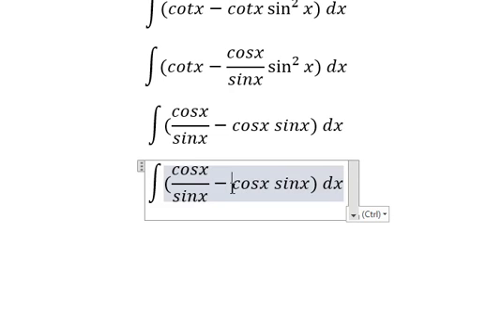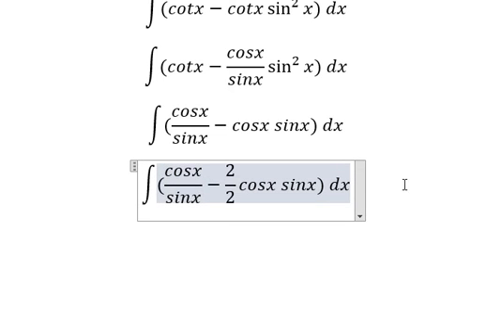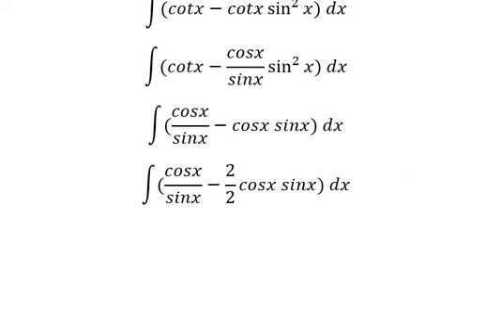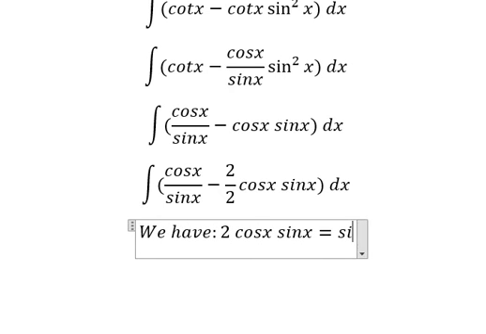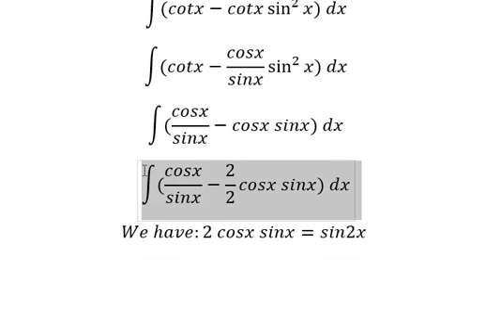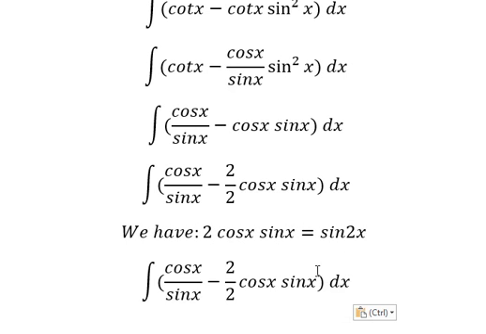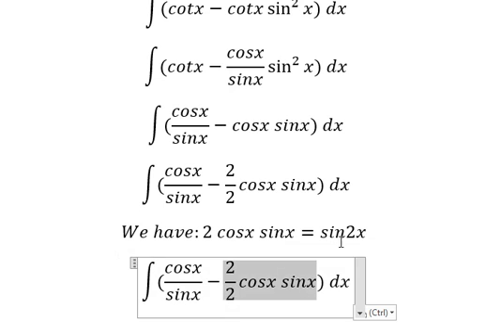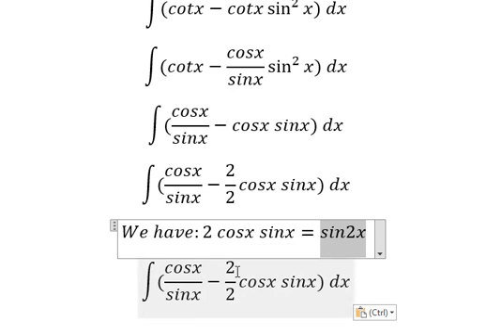I will put about number 2 over number 2 because we have the formula in here. And now we need to transform this one into this one.